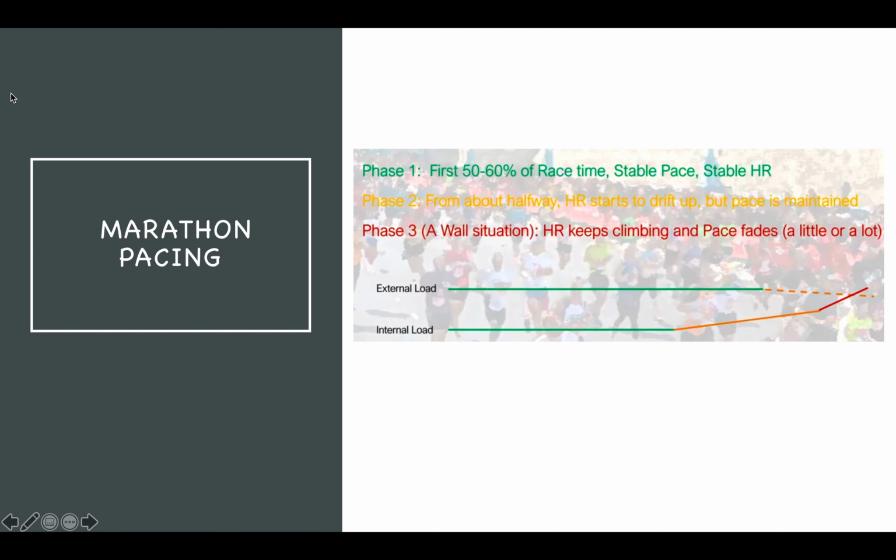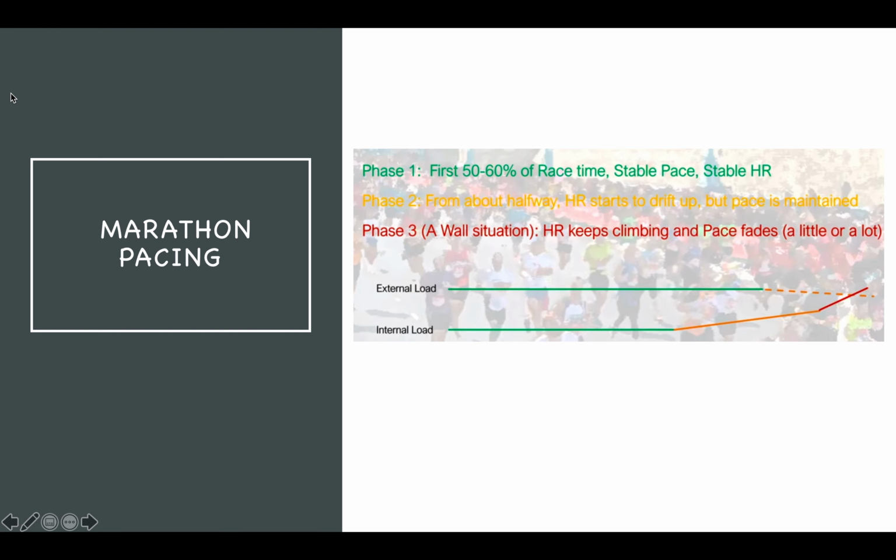So your perceived effort, even though the pace is the same, will go up a little bit. So that's a common and normal feeling. Then phase 3 would be what he deemed to be hitting the wall, but I don't really like that term. So heart rate will keep climbing, and then running pace will typically fade a little or a lot. So the goal would be in that last 15% of race time for pace to only fade a little.